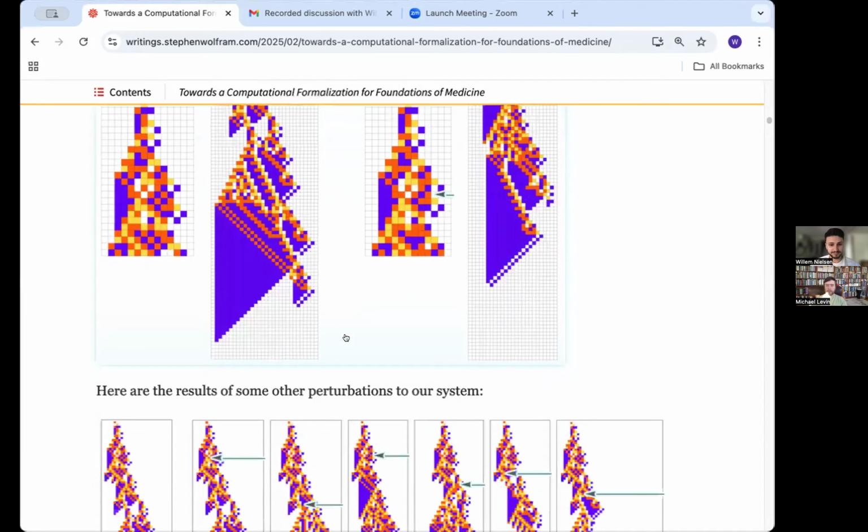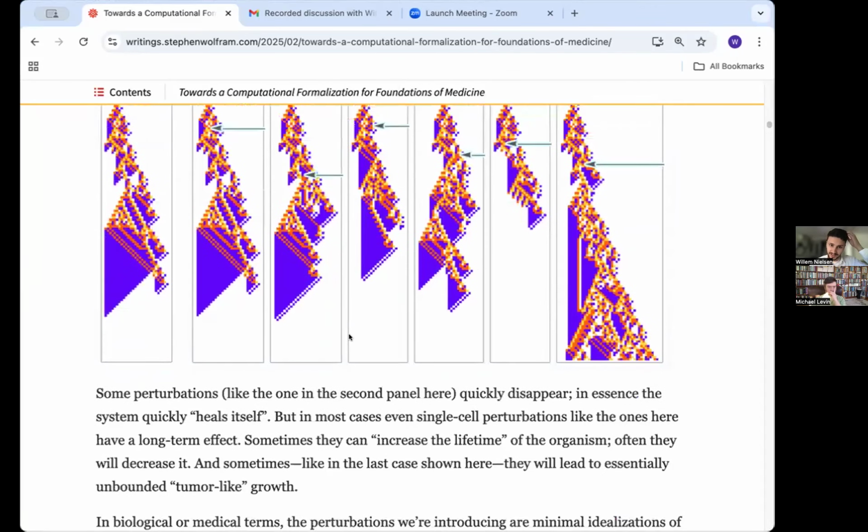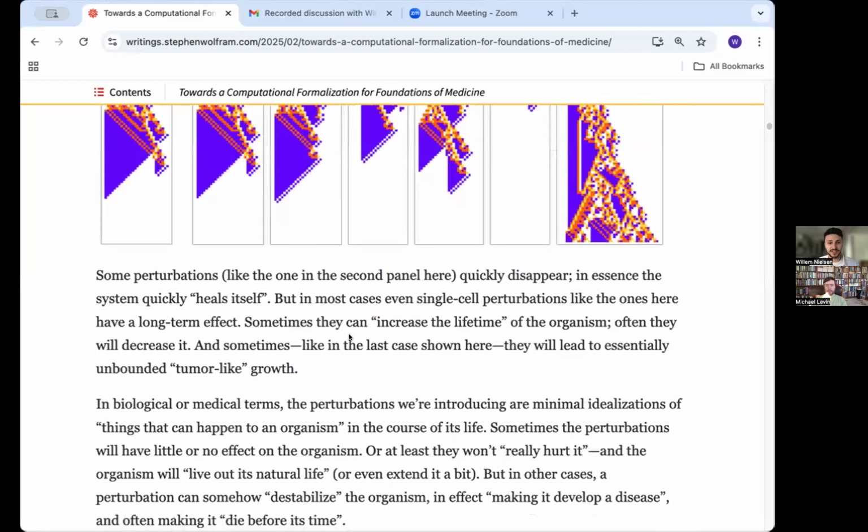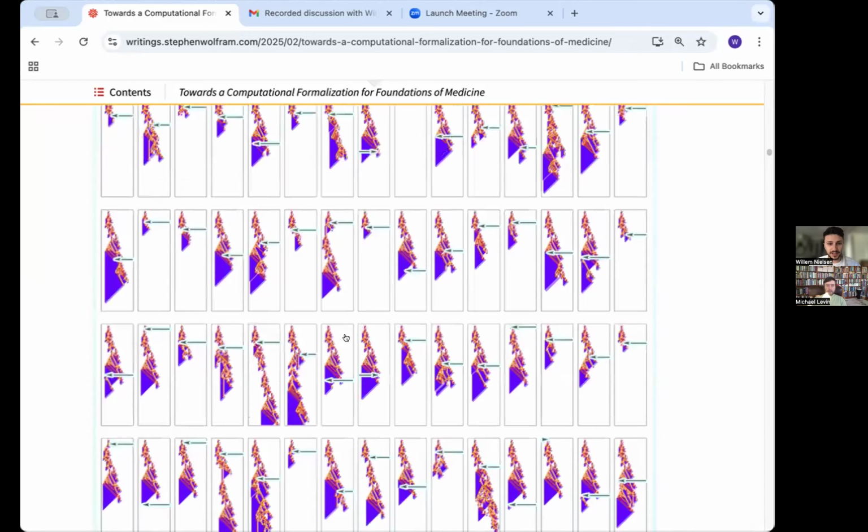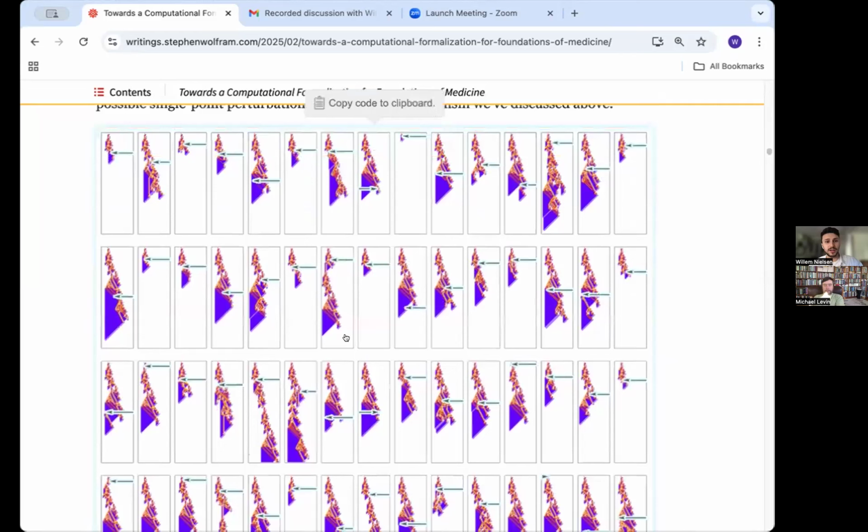So you have a disease classification. For example, this is a few of the possible perturbations that you can do to this automata by changing a single cell.